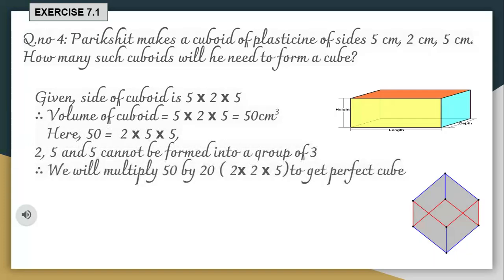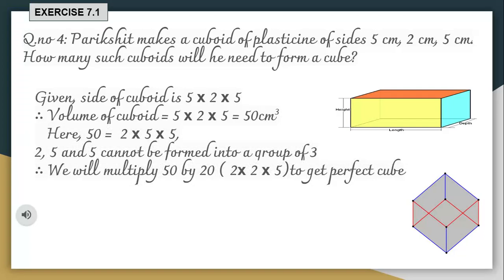Then it can be changed into triples of numbers, isn't it? So what are we getting then? 2 into 2 into 5. Then it will make a cube, isn't it? So that means we need 2 into 2 into 5, means 4 into 5. So we need 20 cuboids to make this a cube.